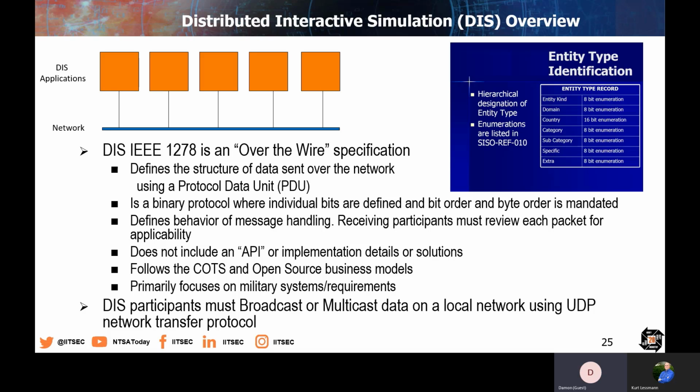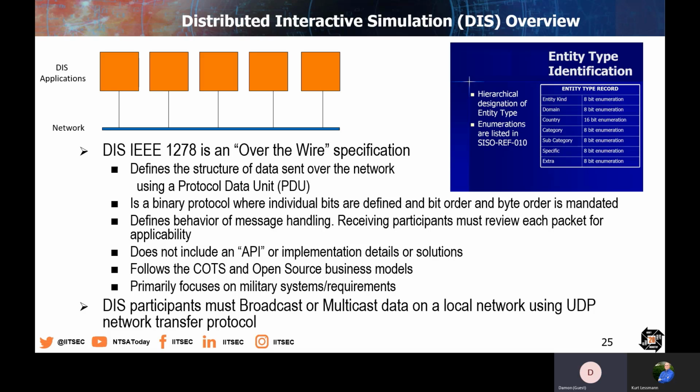A domain might be air, space, ground, underwater, etc. Then a country has enumeration, category breaks it down further, subcategory breaks it down further, and then specific and extra enumerations are provided as well to get into great detail. So it's possible in the DIS standard to break this down into very specific definitions of entities or simulation activity going along on the network.